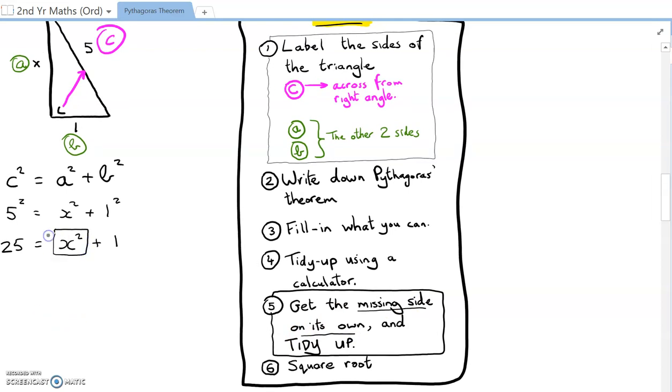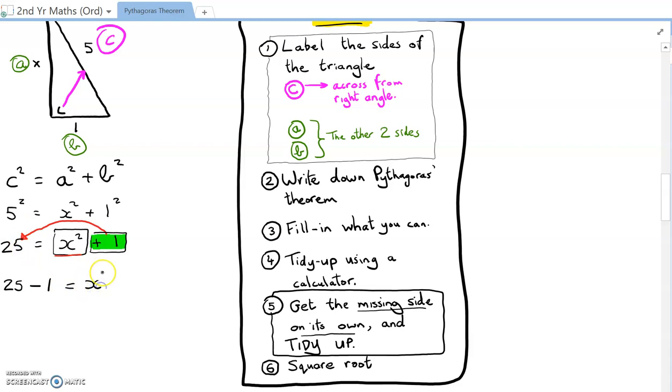I need to get that on its own. Now, how do I get it on its own? By moving this number, moving that over to the other side so that my X will be on its own. Now, if I do that, I'll end up with 25 minus 1. You see, it was a plus 1, and if I move it, it becomes a minus 1.